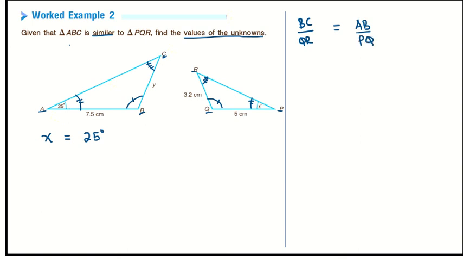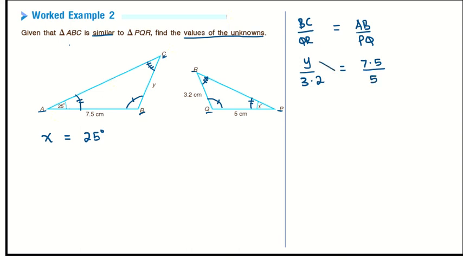We are using equal signs because we already know that these two triangles are similar. Okay? And if they are similar, the ratios of corresponding sides are always equal. So BC is y, QR is 3.2. This is equal to AB, which is 7.5, out of PQ, which is 5.